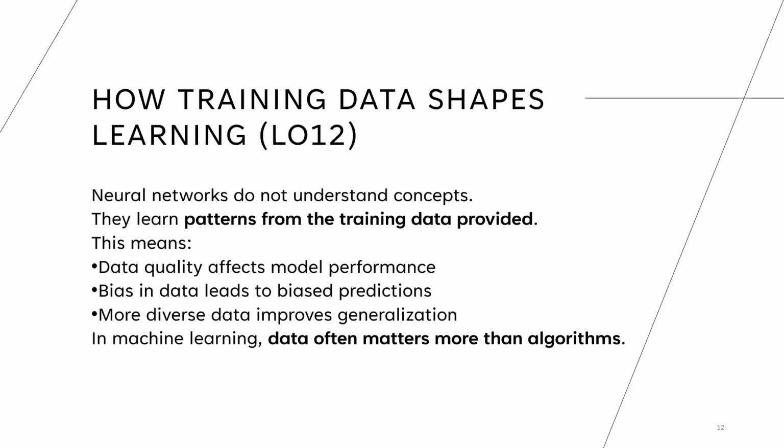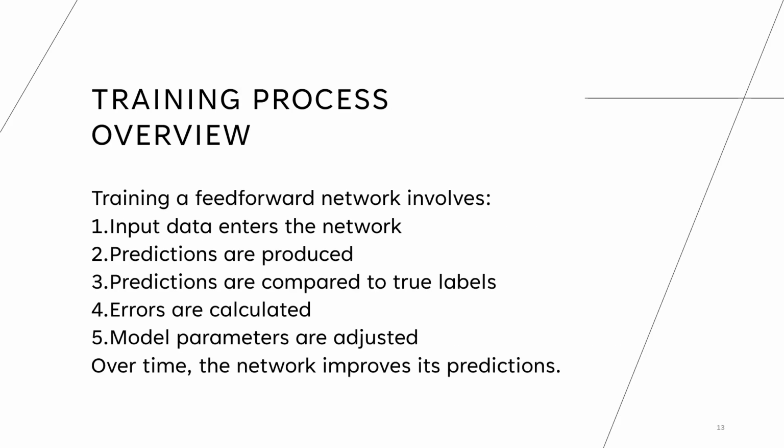On the other hand, when the training data is diverse and representative of the real world, the model is more likely to generalize well to new situations. For this reason, in many machine learning projects, the quality and diversity of the data can be just as important as the algorithm itself.